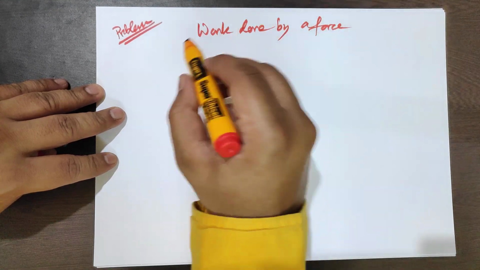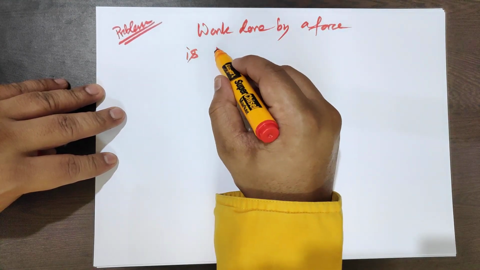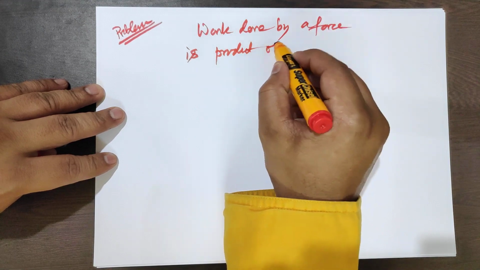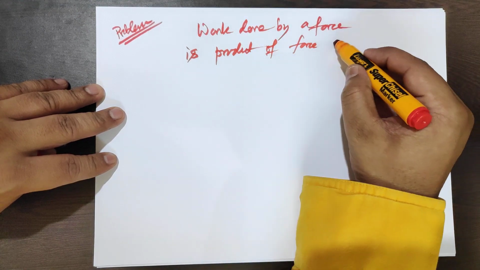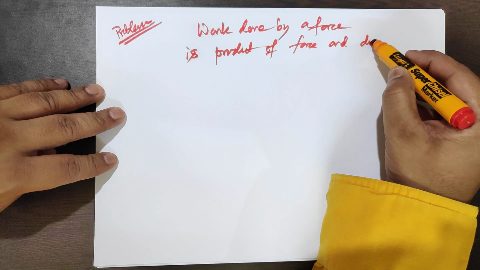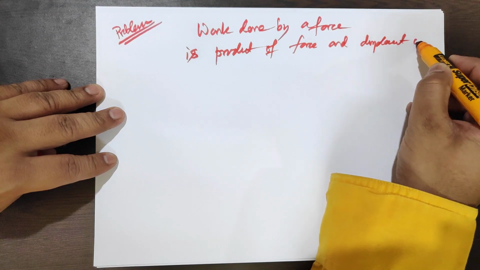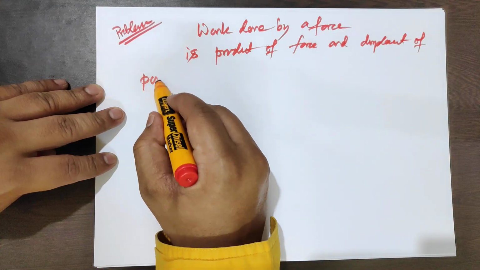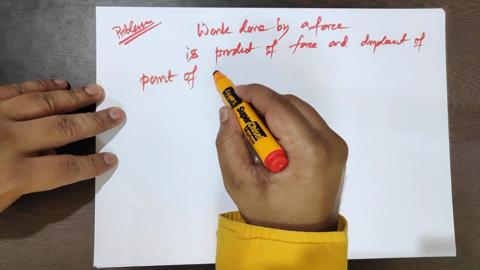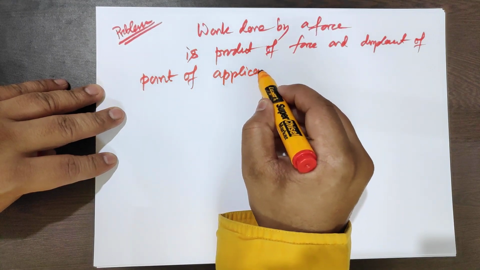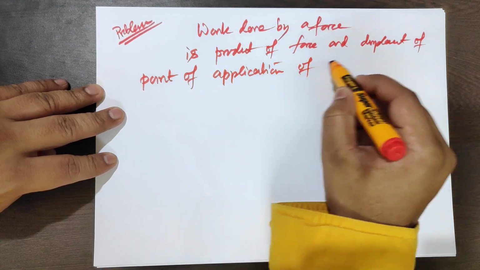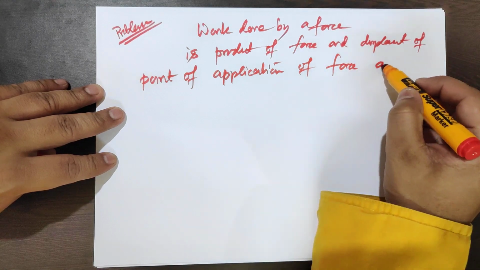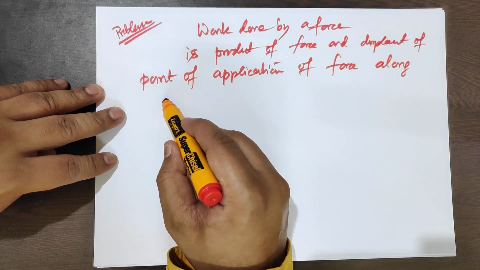What is that? Work done by a force is the product of force and displacement of the point of application of force along the direction of the force.